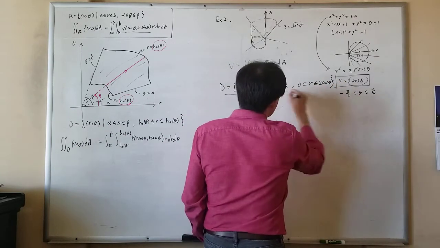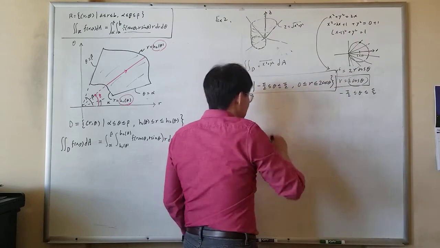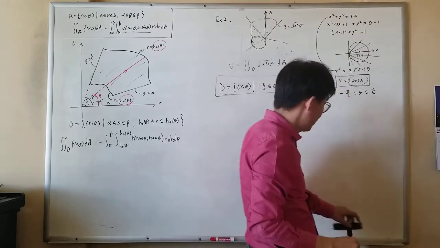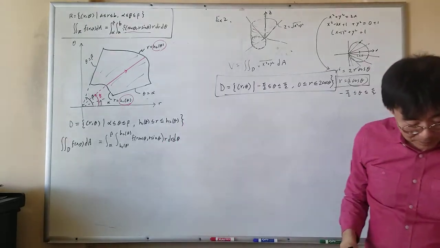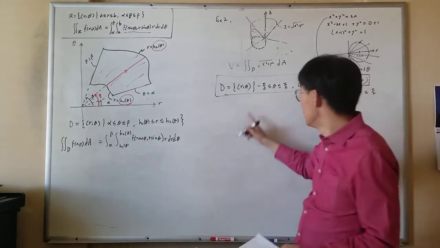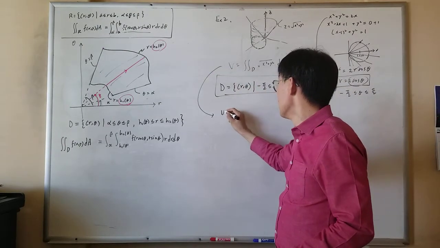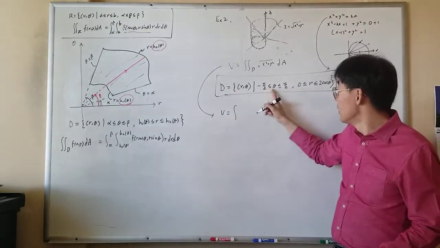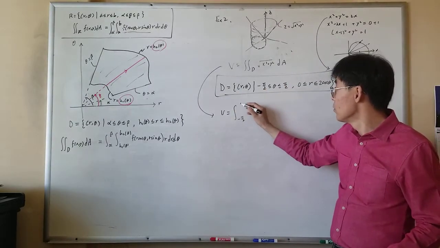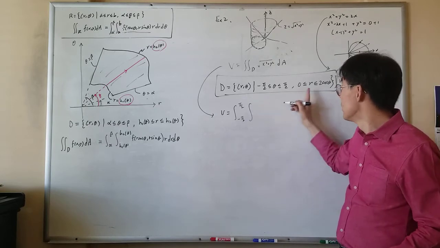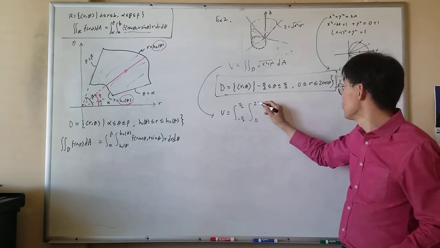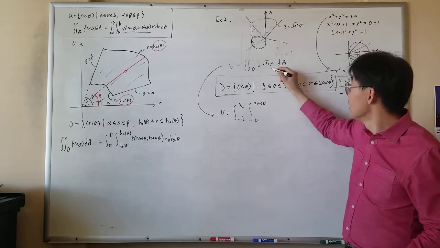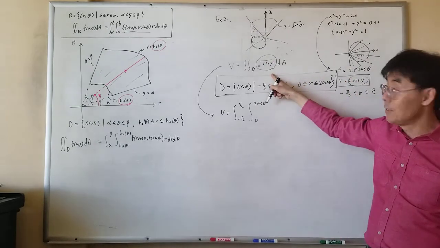That would be a type 2 polar region. So your volume integral can be written just like that: theta runs from minus pi over 2 to pi over 2, r from 0 to 2 cosine theta, in terms of r and theta.